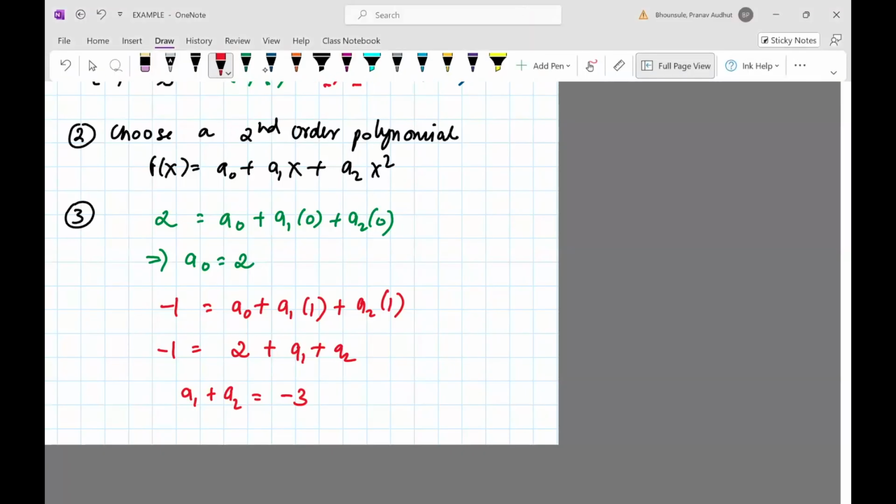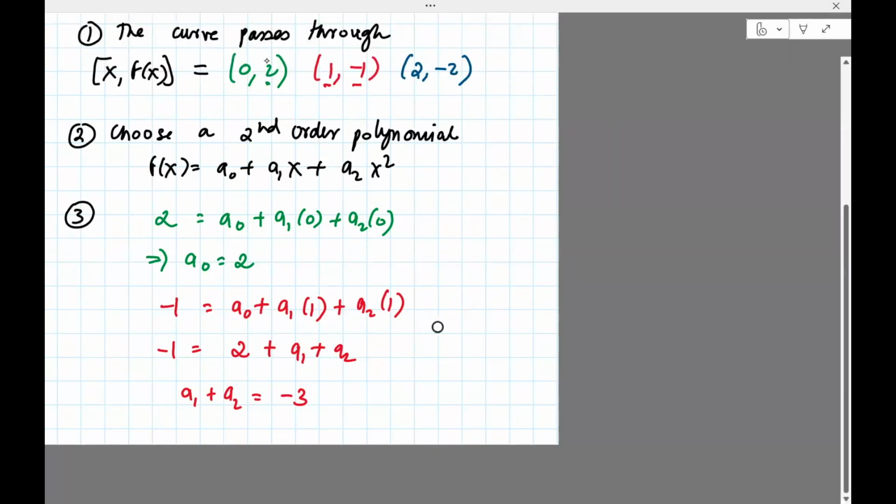Okay, and the last value is when x equals 2, f of x is minus 2.